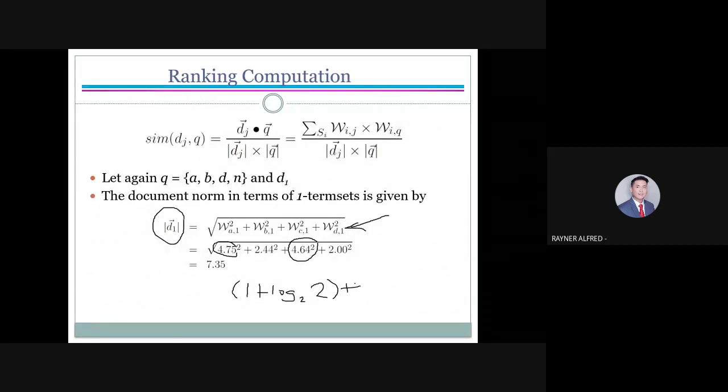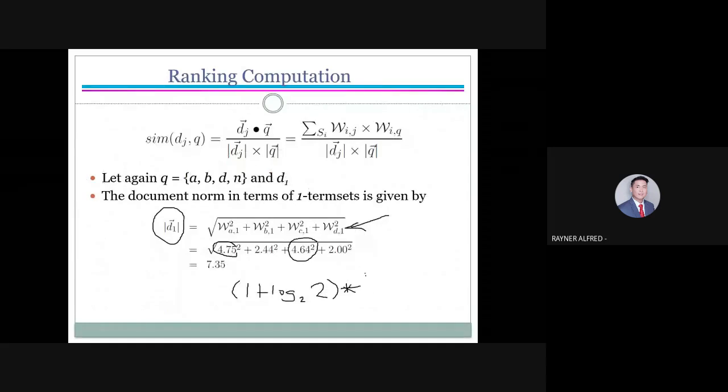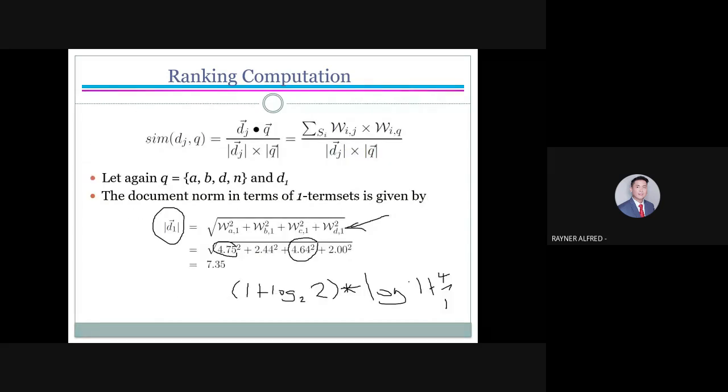So times log 1 plus 4, 1. Okay, so this is the weightage of C in document 1. Then this one should give you this one. So this is basically the length of the document.